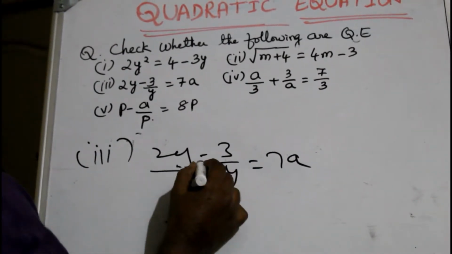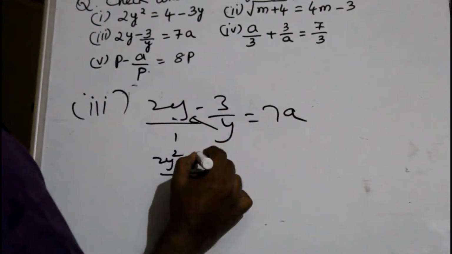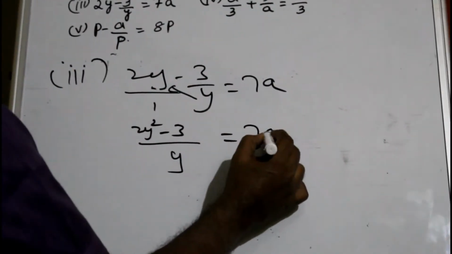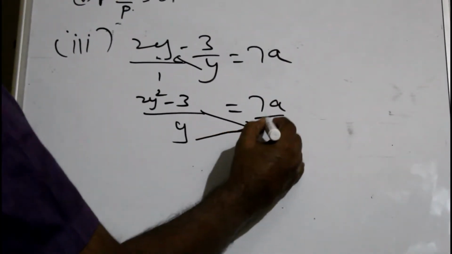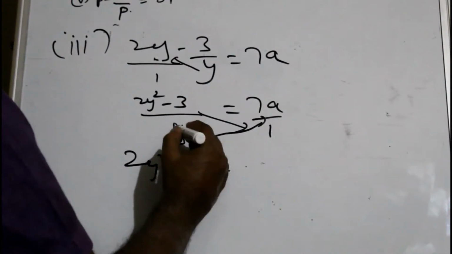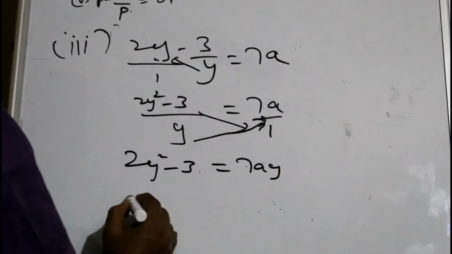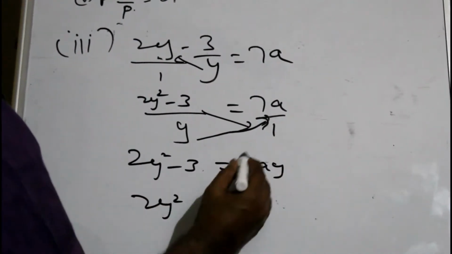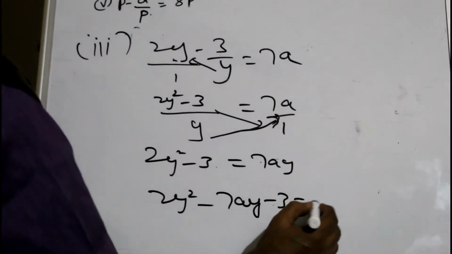You get 2y square minus 3 by y is equal to 7a by 1. Now you cross multiply. You get 2y square minus 3 equal to 7ay. Write the y square first, next write this y term: 2y square minus 7ay minus 3 equal to 0.